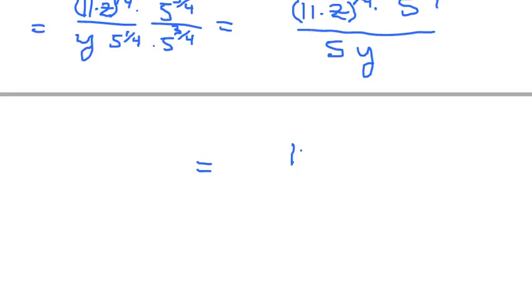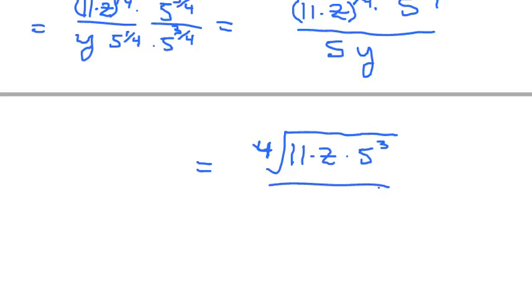Could say the fourth root of 11 times z times 5 to the 3rd power, and see, we could put everything under the radical over 5y if we wanted to. And of course 11 times 5 cubed is some big number, but we'll just leave it like that right there.